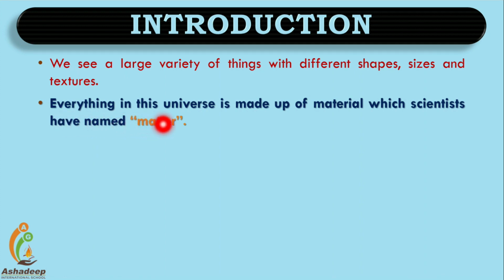Everything in this universe is made up of material, which scientists have named matter. So, everything which we are surrounded by, all the things are matter. If you think of anything like water, milk, books, pen, pencil, all the things are matter.